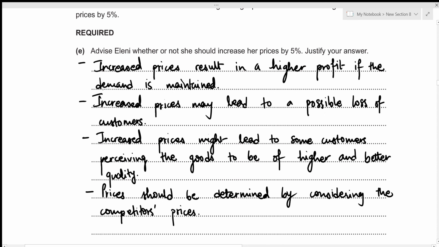Okay, based on these points, now we have to make a decision. I would advise Eleni to increase her prices by 5% because she is only earning a profit of 4,020, which is pretty low. It might be low compared to her competitors as well. We wouldn't know because we would require her competitors' information in order to figure that out. But personally, I would recommend Eleni to increase her prices by 5%.